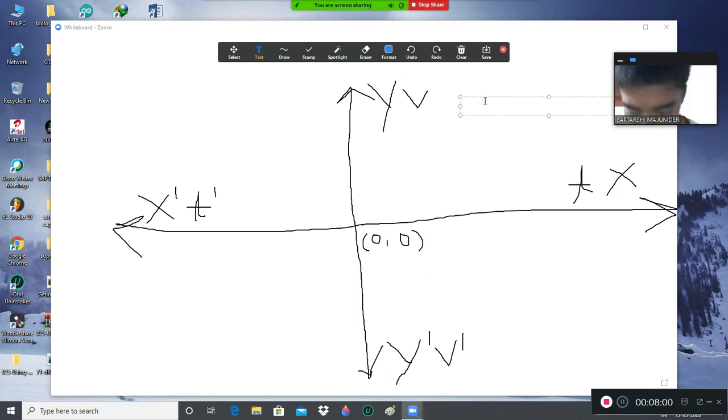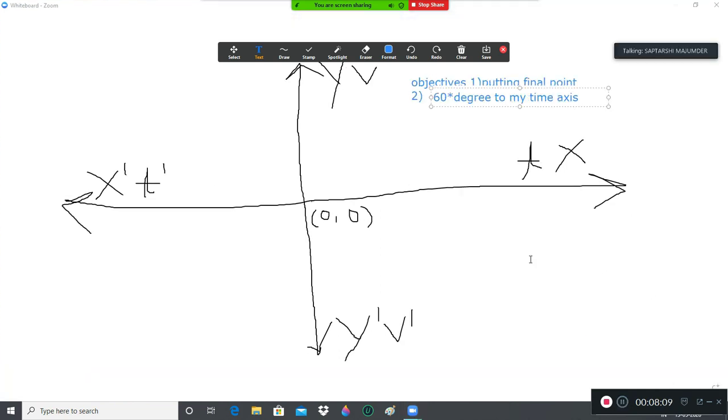Let's write. The two objectives for me to solve this problem are: objective number 1, putting the final point, and second one is 60 degree to my time axis.